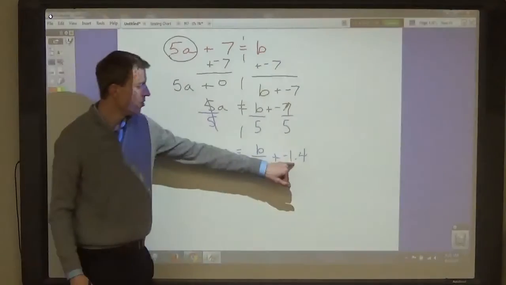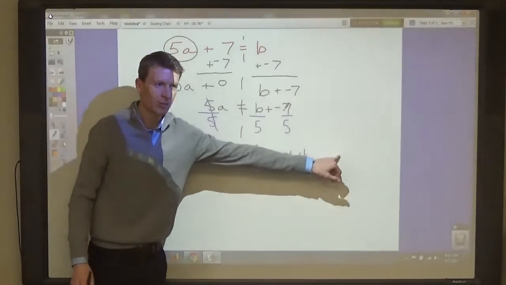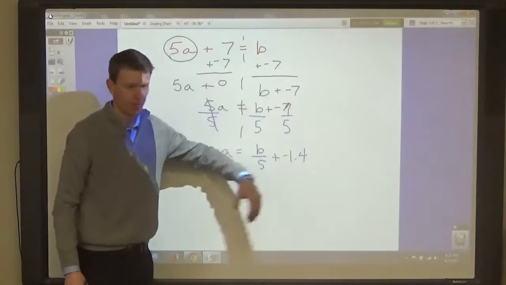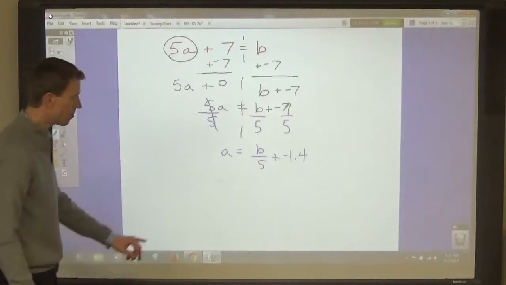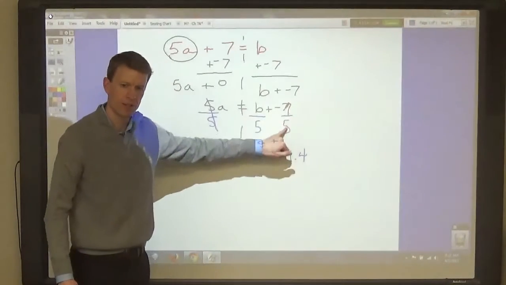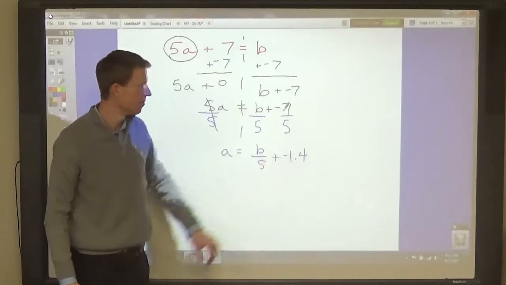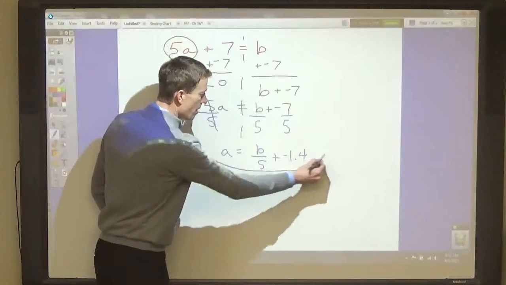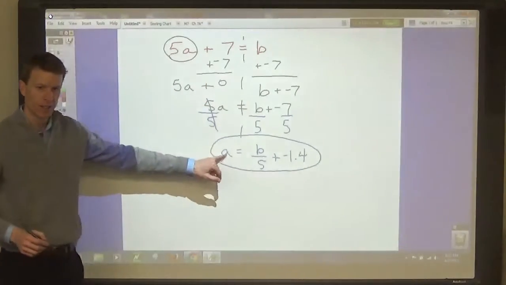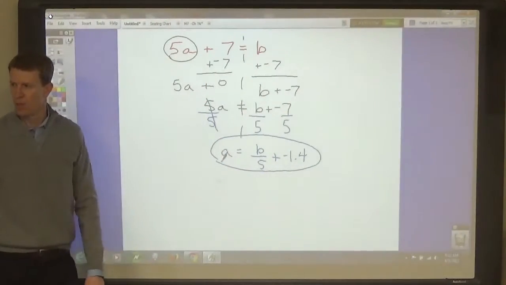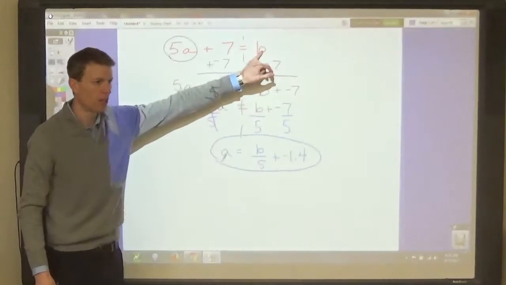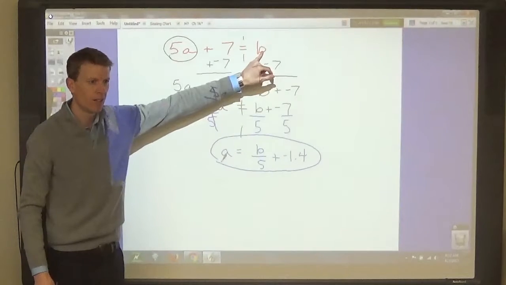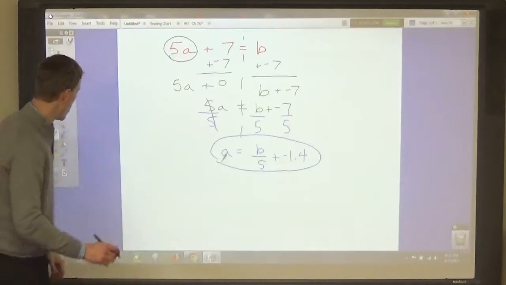If you put this in and you get a repeating decimal, or a decimal that goes on and on, then you'd have to leave it as the fraction. This is the answer. This is solved for A. So we transformed this formula so that it was solved for A instead of being solved for B. Let's try another one.